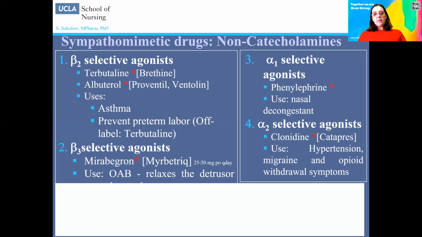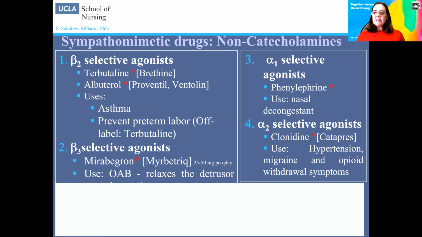But for right now, what I want you to focus on is whether it's an adrenergic agent or an anti-adrenergic agent, whether it has a cholinergic effect or an adrenergic effect, which type of receptor they are acting on, and whether they are agonists or antagonists. That's really how you have to study it.